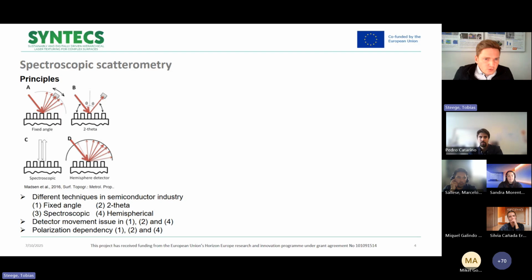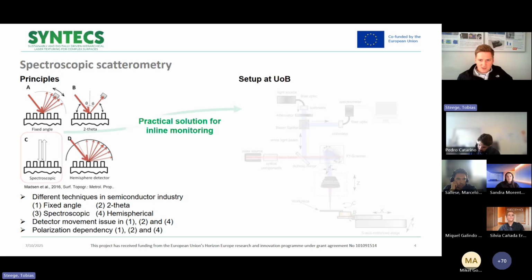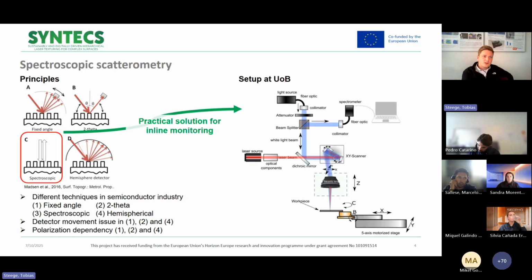We tried spectroscopy, so we wanted to see if we can measure the micro texture quality by spectroscope. And of course, there are a few different approaches you can do. What we did in the project is we developed a method where we directly included the spectroscope measurement in the beam path of the micro texturing head itself.